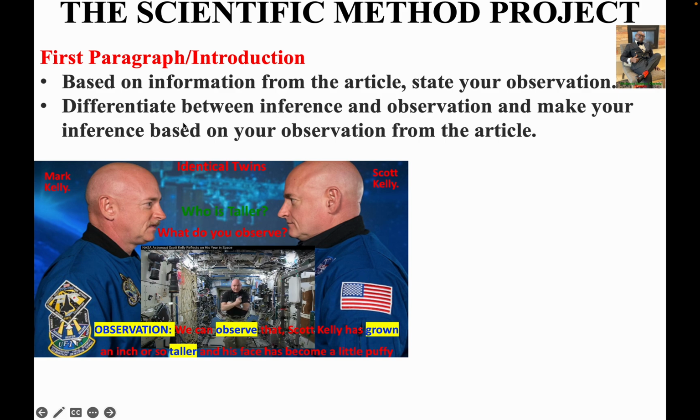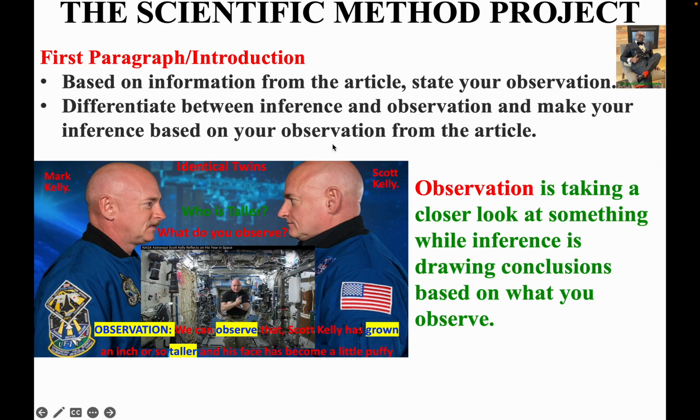The next is to differentiate between inference and observation, and make your inference based on your observation. To observe means you are taking a closer look at something, whilst inference is drawing a conclusion based on what you observe.